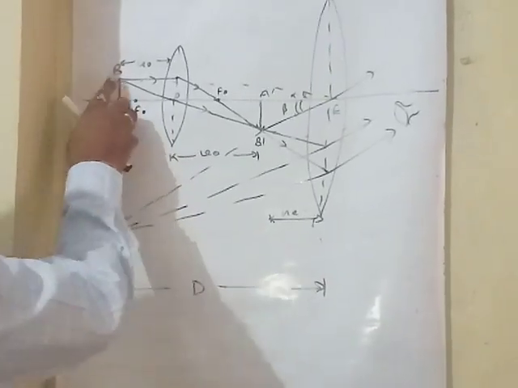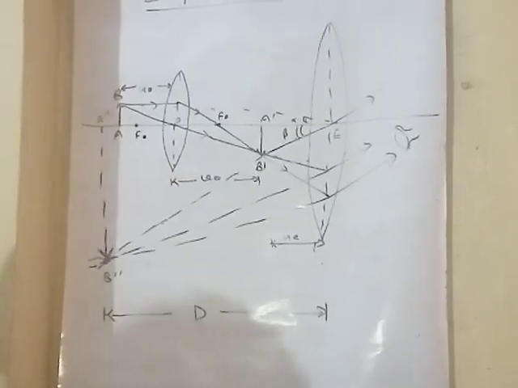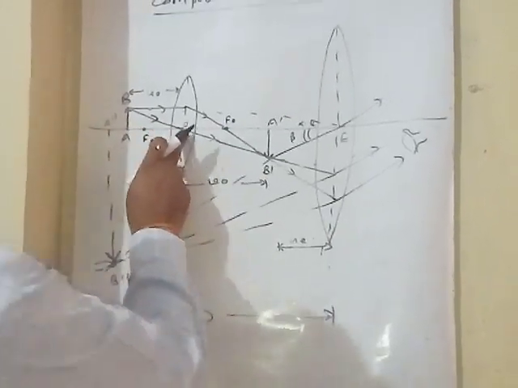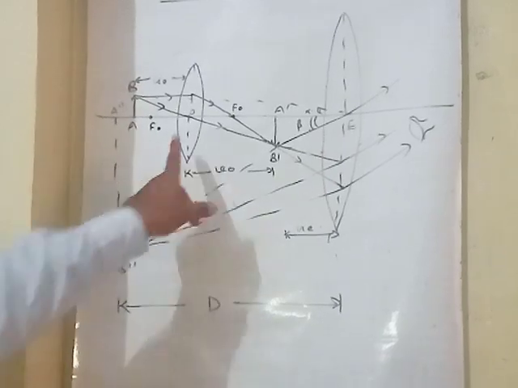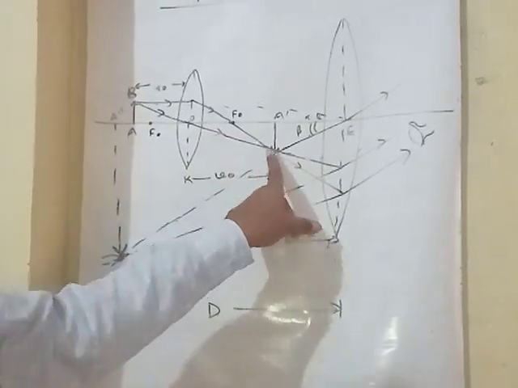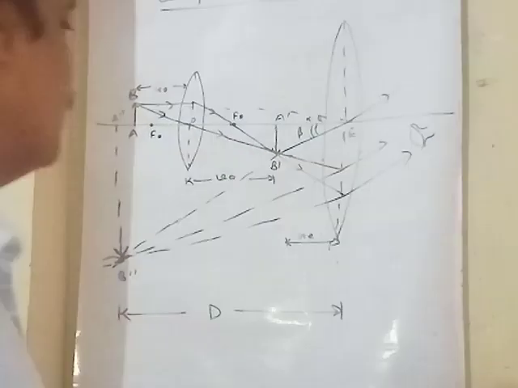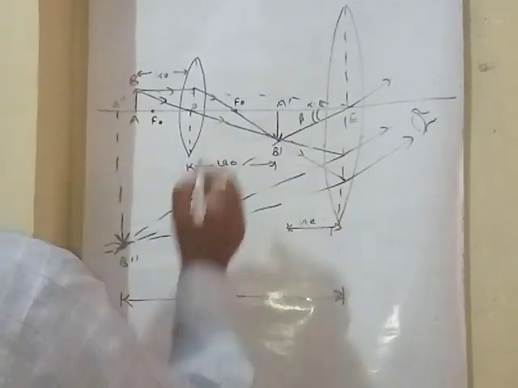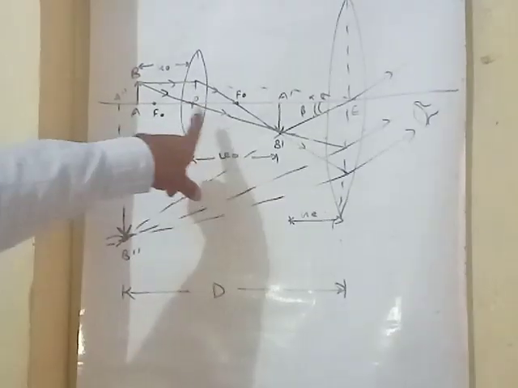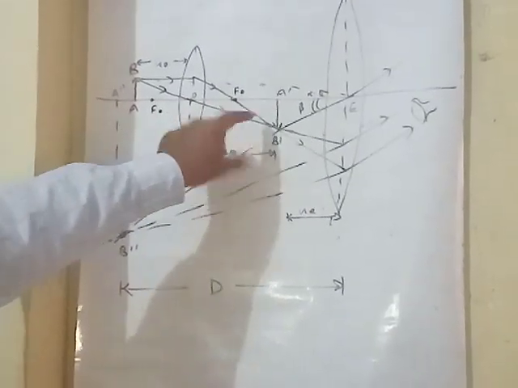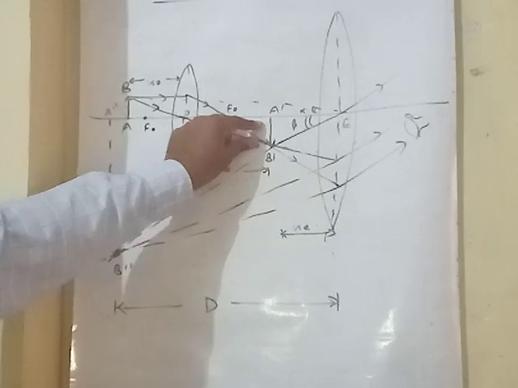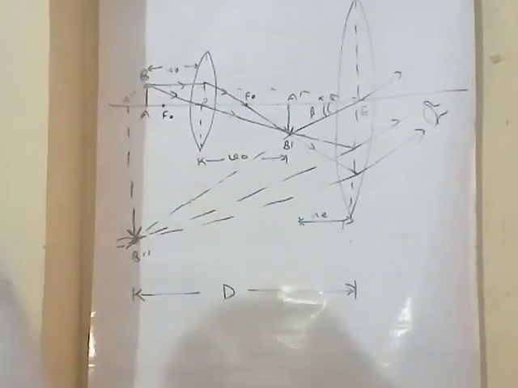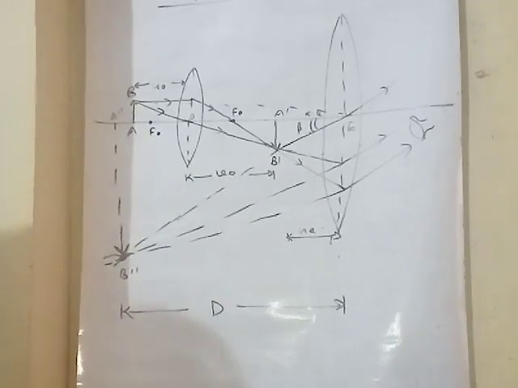Another ray of light incident on the objective lens passes through the optical center undeviated after refraction, and it again falls on the eye lens. Where these two rays meet, they form a real, inverted and magnified image of the tiny object AB.